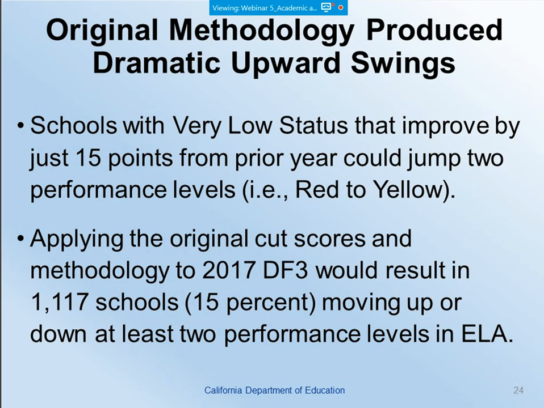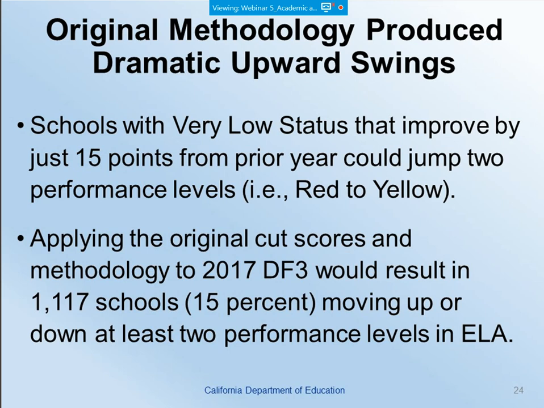We also saw dramatic upward swings. So schools with very low status could also jump 2 performance levels from red to yellow by gaining just 15 points. So you've got schools that are doing well that have a difference of 16 points from last year, and schools that are doing very poorly that have a gain of 15 points, about the same spread, and they are meeting in 2017 at the yellow.